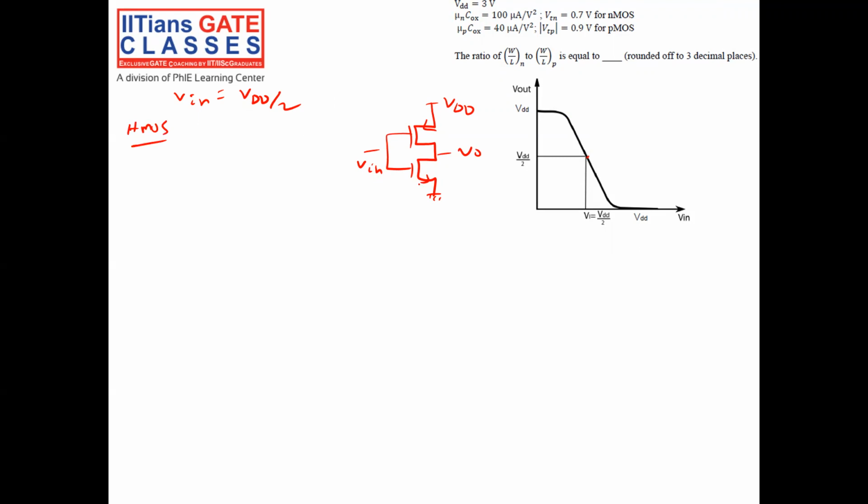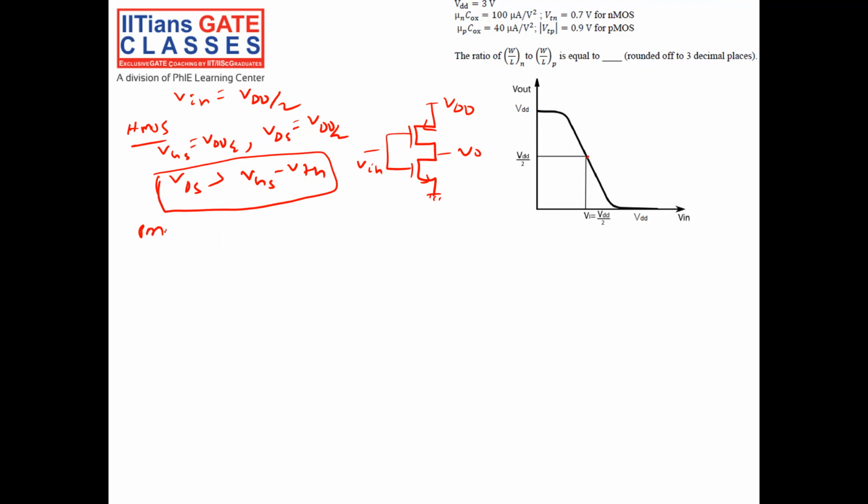V in is equal to VDD by 2, and V output is also VDD by 2. So VGS is equal to VDD by 2 and VDS is equal to VDD by 2, right? Given V in is VDD by 2, V out is also VDD by 2. It implies VGS is greater than VTH, and VDS is greater than VGS minus VTH. So my NMOS is in saturation.